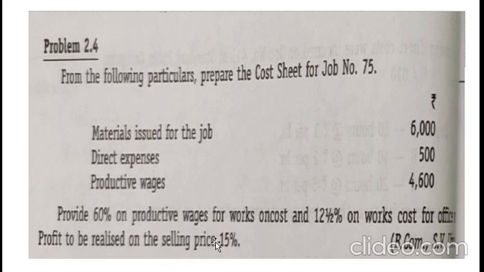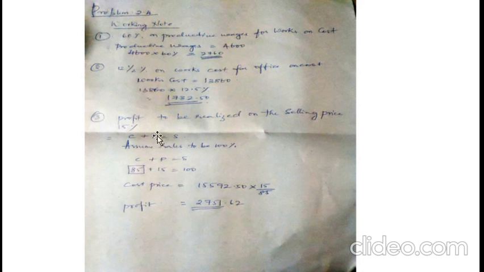Then what is stated in the question is they have asked you to find out profit to be realized on the selling price, 15%. So this is profit on selling price. What is the formula for selling price? Cost plus profit will give you your selling price. So in this situation, you will assume sales to be 100%.